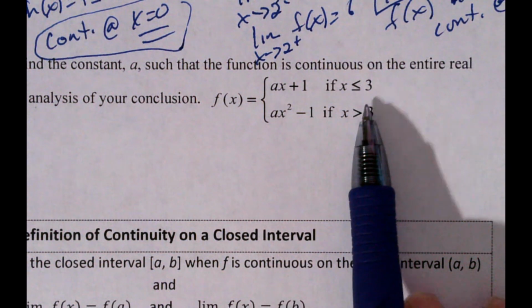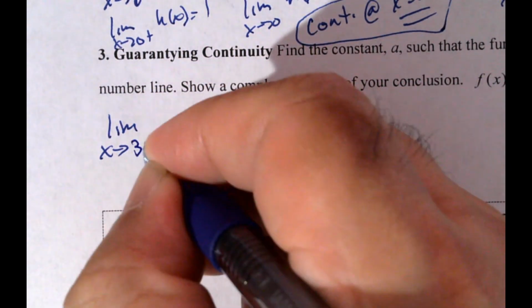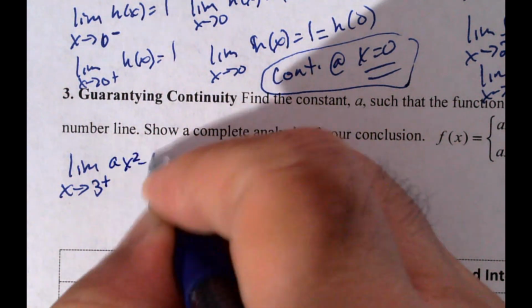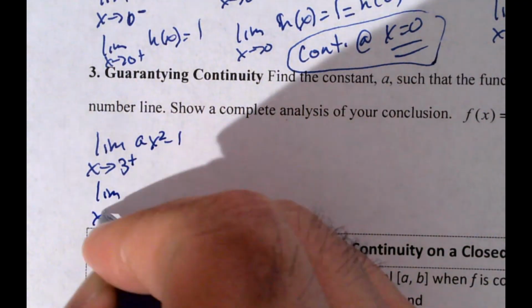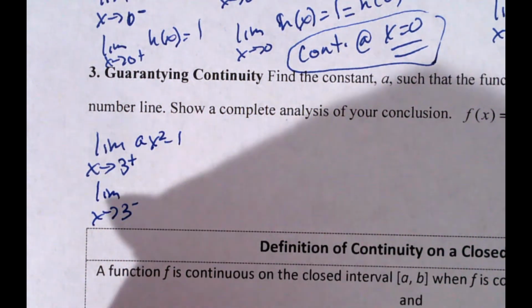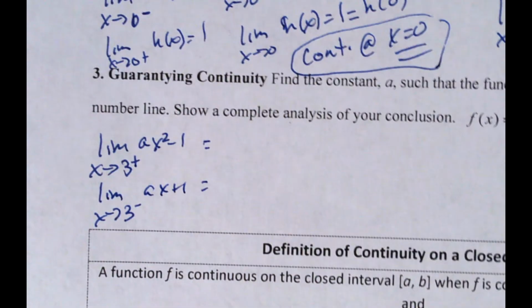So we're going to take the limit as x approaches 3 from both sides. From the right, that's the bottom one. We want it to be ax squared minus 1. And from the left is ax plus 1. Well, we can just plug it in to see what the values are.